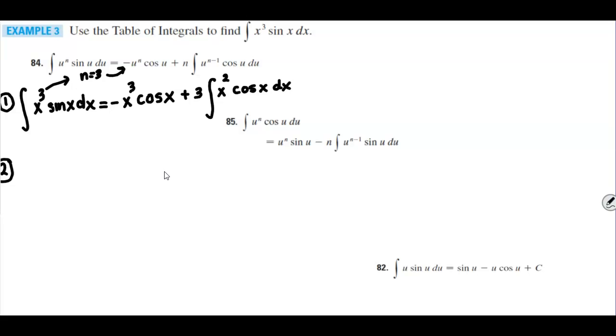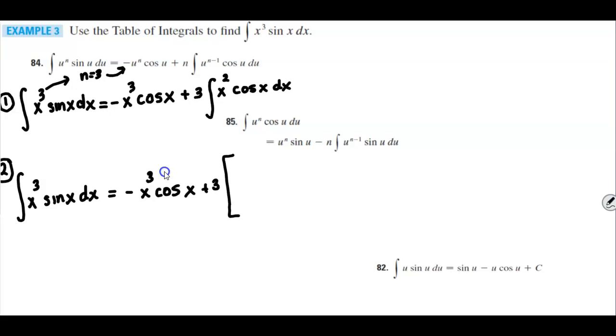So again, rewriting the first step, we have x cubed sine x dx, which is equal to negative x cubed cosine x, plus 3 times, now we're going to use this rule and apply it to that, where n is equal to 2.